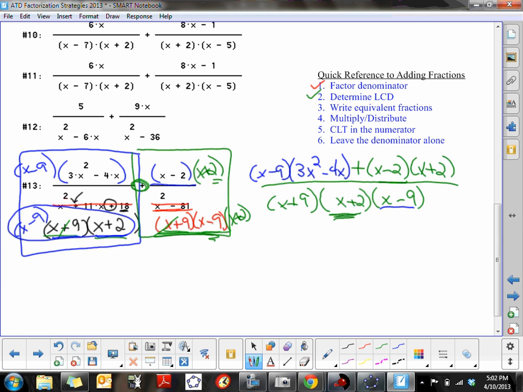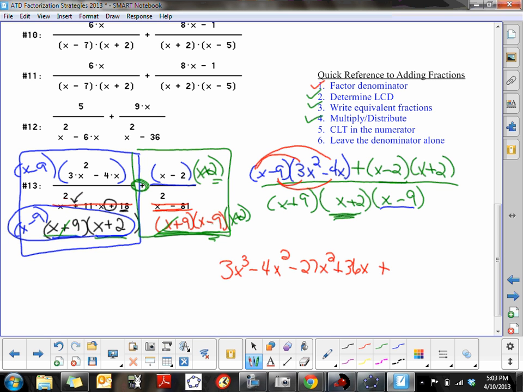Okay, now we're at the multiply or distribute stage. So we're going to distribute using our FOIL. That's going to give me 3x cubed. Our outermost minus 4x squared. Our innermost minus 27x squared. And our last is plus 36x.